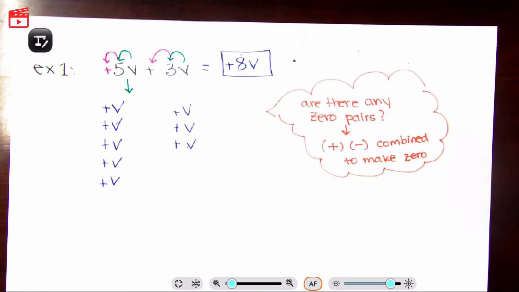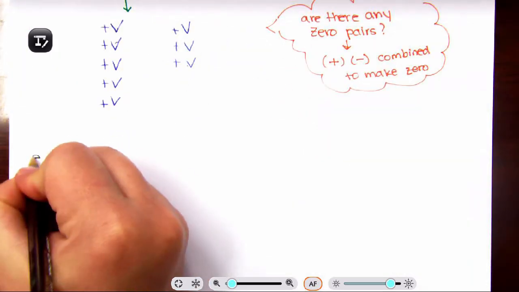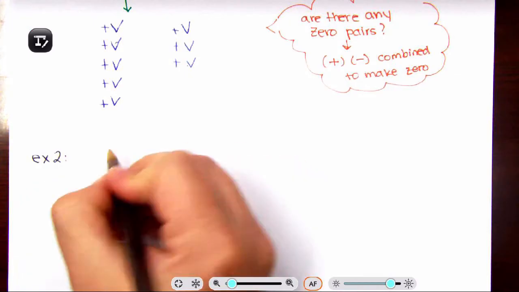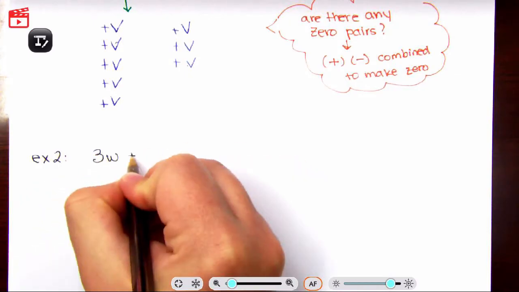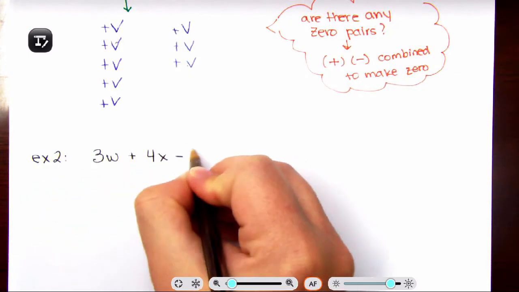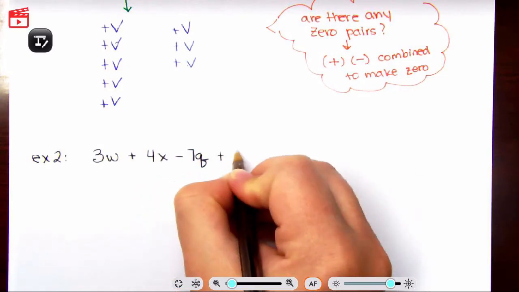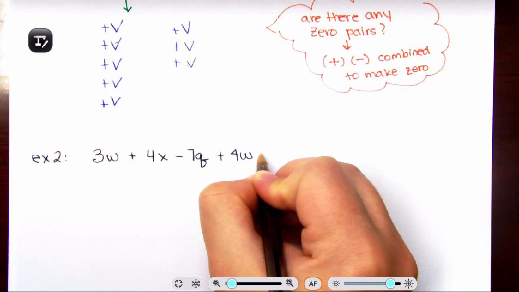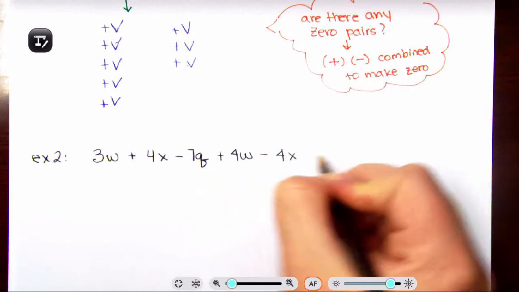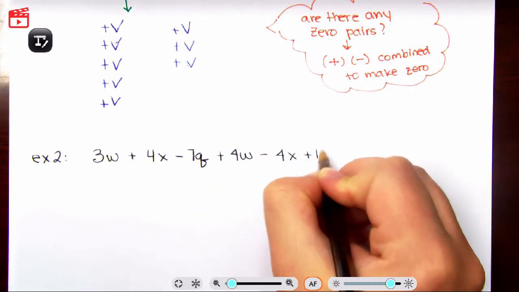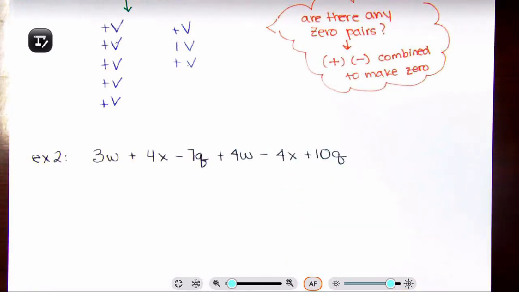Let's try example number 2. I'm going to throw in a few extra things for you. 3w plus 4x minus 7q's plus 4w's minus 4x's plus 10q's. And again, our task or our objective is to combine like terms.